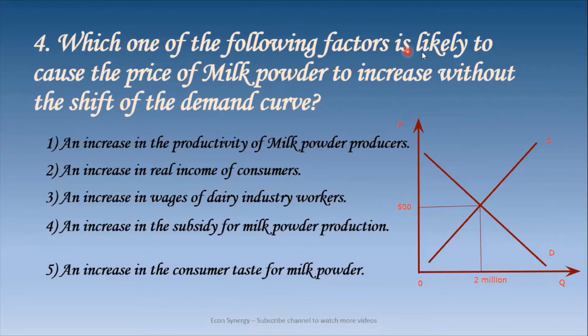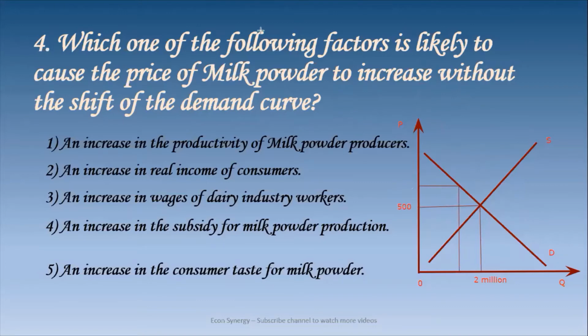Which of the following factors is likely to cause the price of milk powder to increase? This price should increase without shifting the demand curve. The demand curve should remain constant, but the price should increase. Let's say price increases. When price increases, quantity demanded definitely falls.